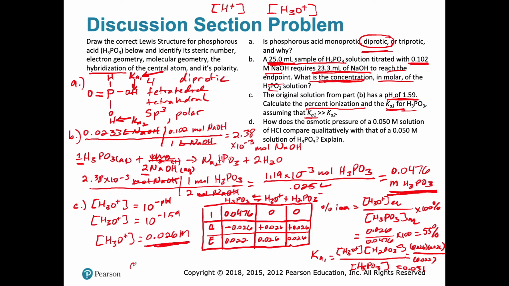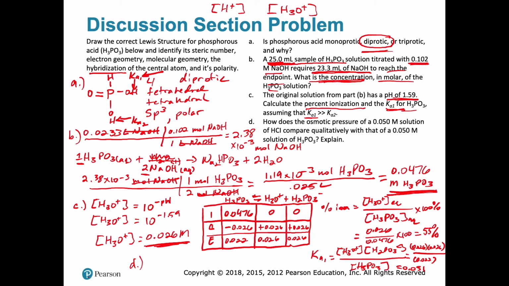And then the last one, D, it says how does the osmotic pressure of 0.05 molar solution of HCl compare qualitatively, not with numbers, but qualitatively, to 0.05 molar solution of phosphorus acid, right? And if you remember back from the solution properties lecture, osmotic pressure is all about how many particles you have in solution that are actually dissolved in the water, right?